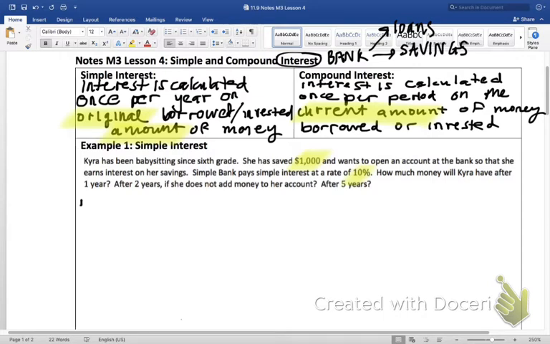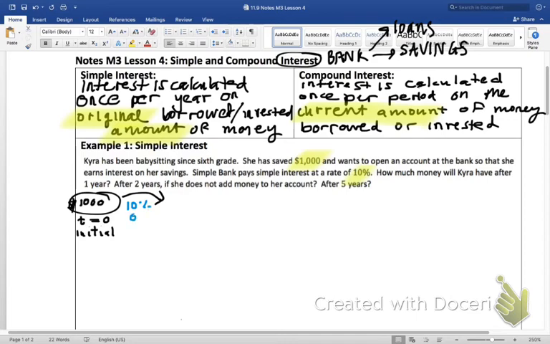We know that she's starting with $1,000 in her bank, which we can think of as when time is 0. This is our initial amount. No time has gone by. Then a year passes. At the end of that year, Kyra will earn 10% of her original amount invested.